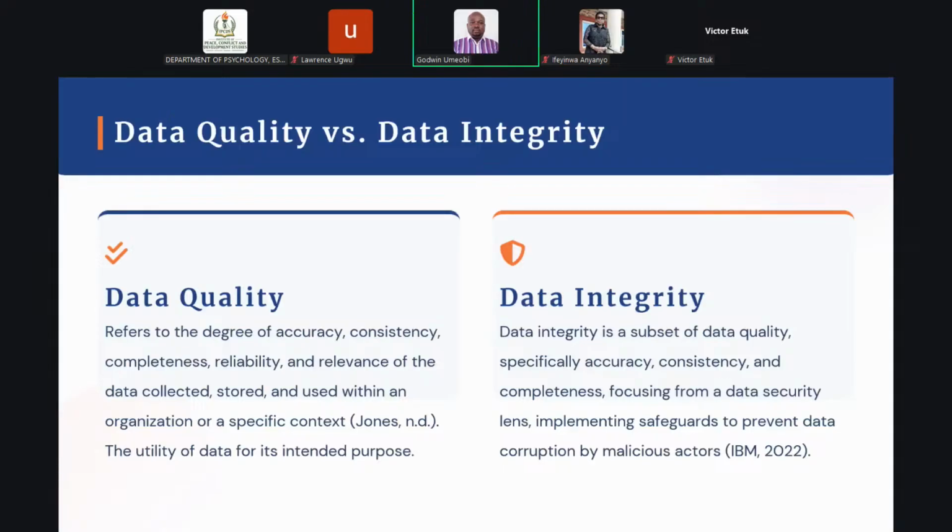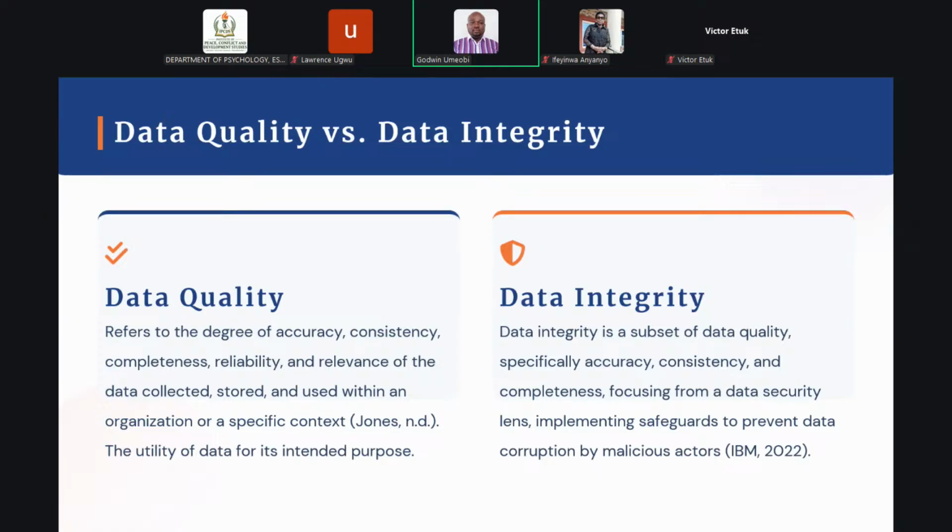It also has a lot to do with where the data is kept, what the data is used for, and who has access to the data. Now, let's look at some issues with poor data quality. A lot of issues come up today that help us understand why we have this problem.